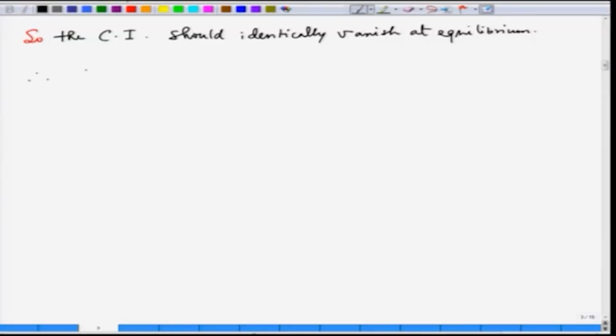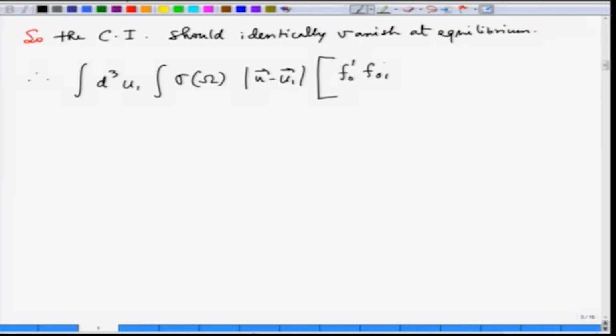So, we can simply write d cube u1 integration sigma of omega, u minus u1 within bracket, f0 prime f01 prime minus f0 f01.